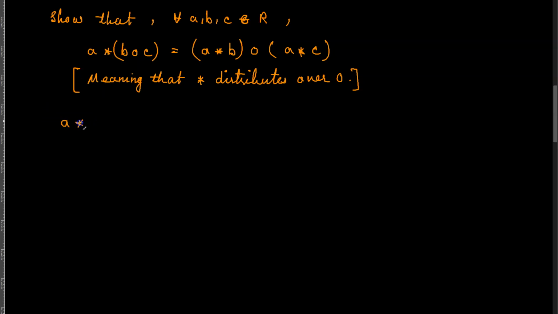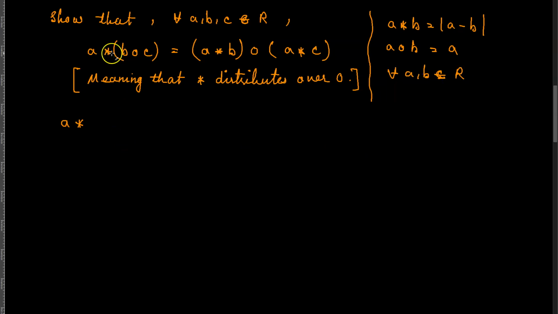The definitions of these two binary operations are: a star b is equal to the absolute value of a minus b, and a o b is the same thing as a, of course, for all a and b belonging to R, right?